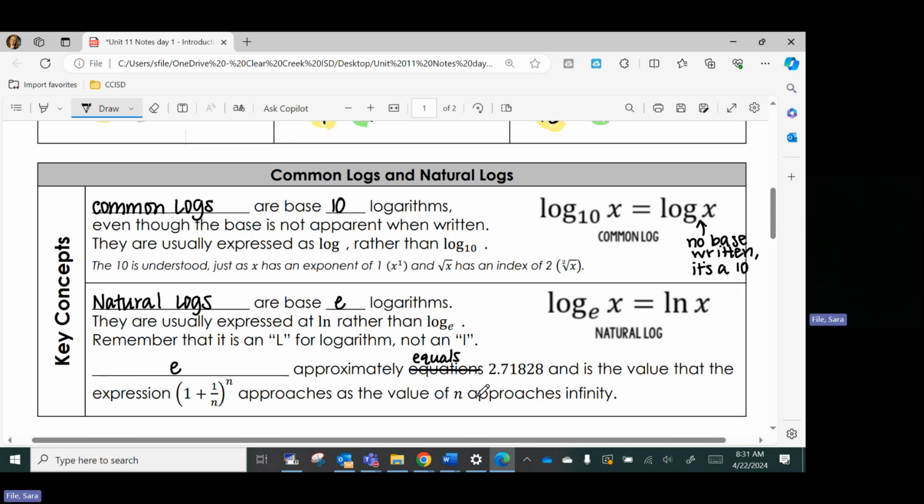So e approximately equals 2.71828, and is the value that the expression 1 plus 1 over n to the n approaches as the value of n approaches infinity. So they're saying as n approaches infinity, so as it gets greater and greater, your curve approaches this 2.71828, this e value. Okay, that's why it's our natural base.